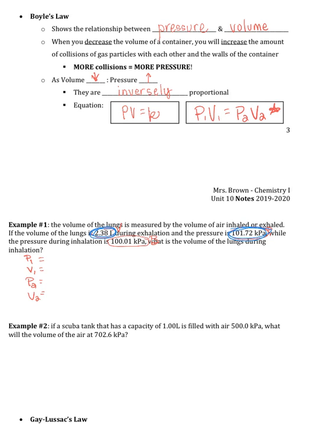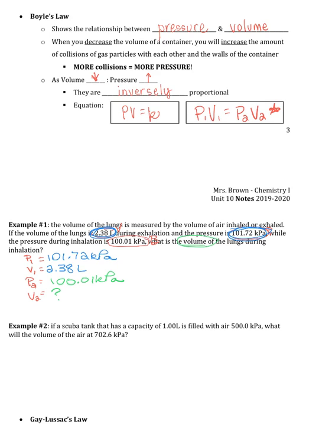Because they go together, if I put the 2.38 liters as V1, then I know the 101.72 kPa is going to go as P1. And then that means that my 100.01 kPa is going to be my P2, which means when they ask for what is the volume, that's going to be my V2.